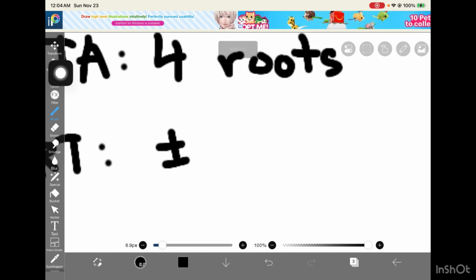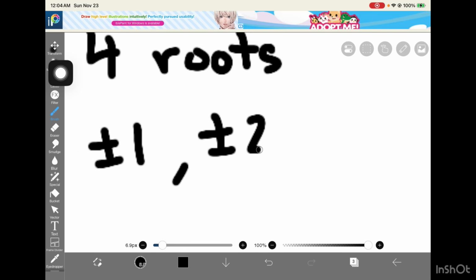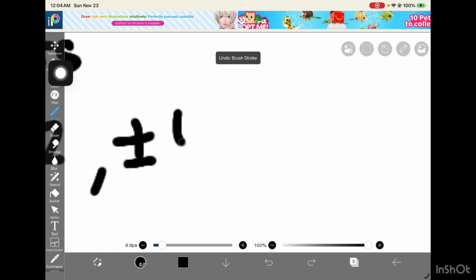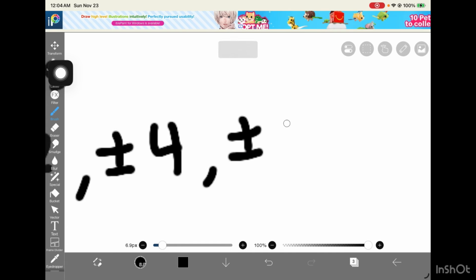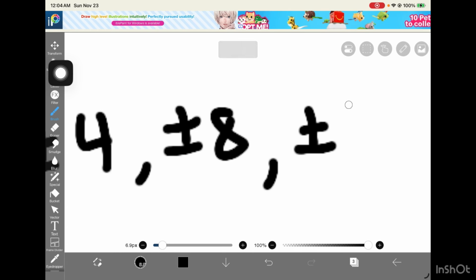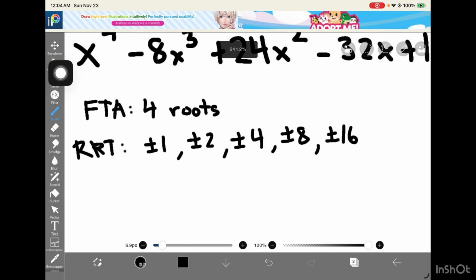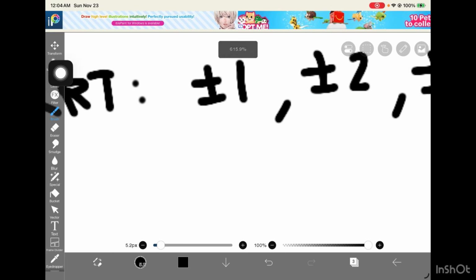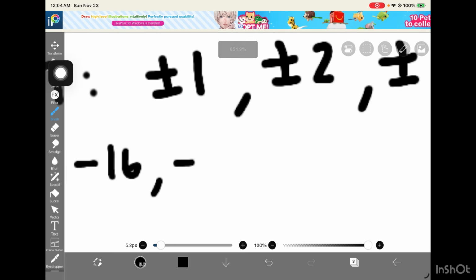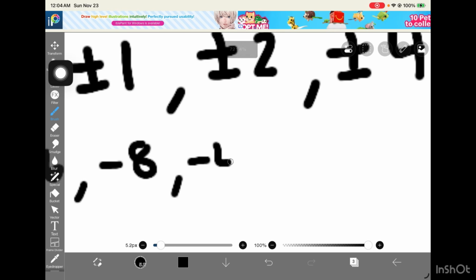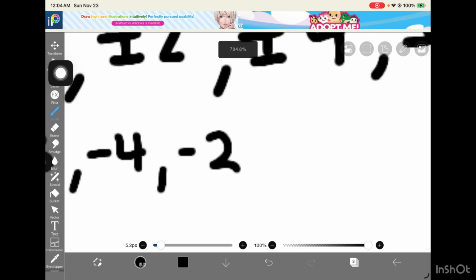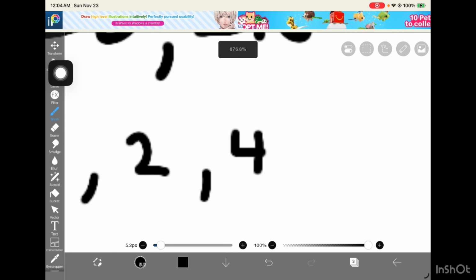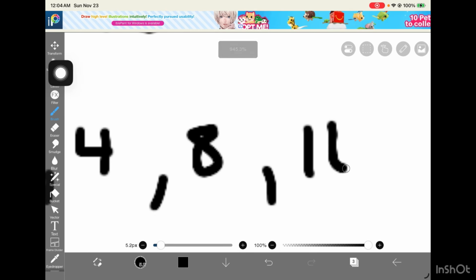So it's plus minus 1, plus minus 2, plus minus 4, plus minus 8, and plus minus 16. Let's lay them out in a list from least to greatest: negative 16, negative 8, negative 4, negative 2, negative 1, 1, 2, 4, 8, 16.